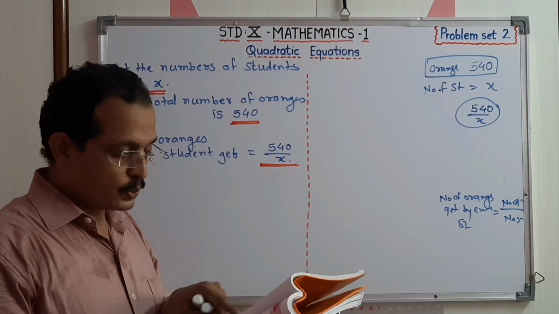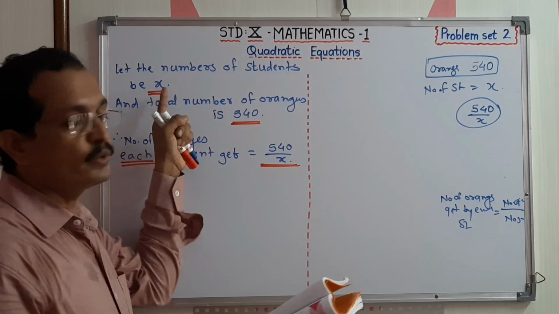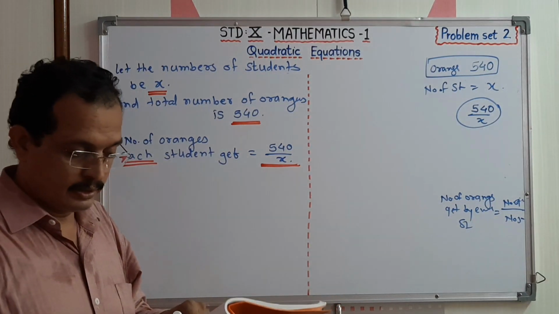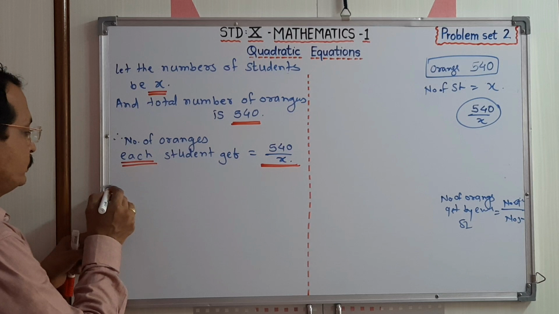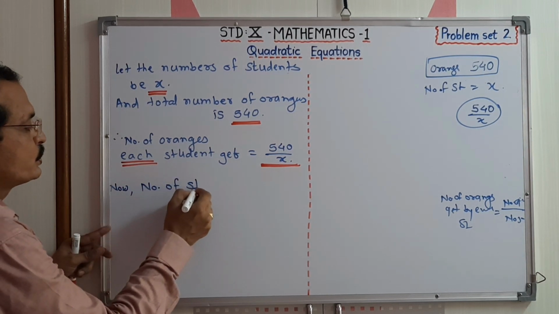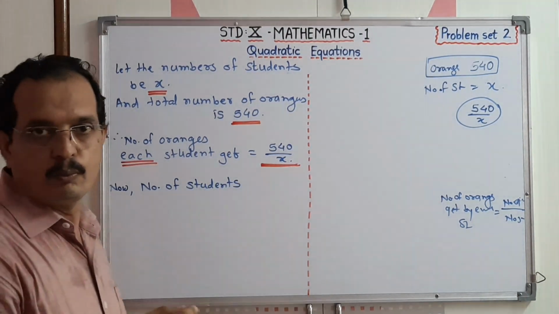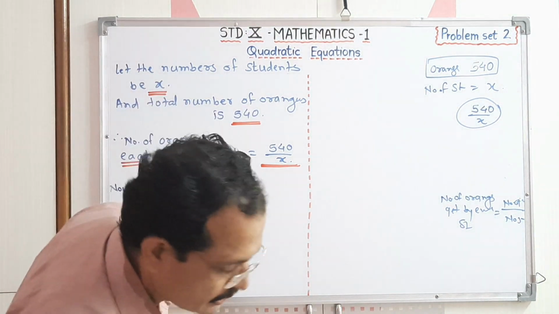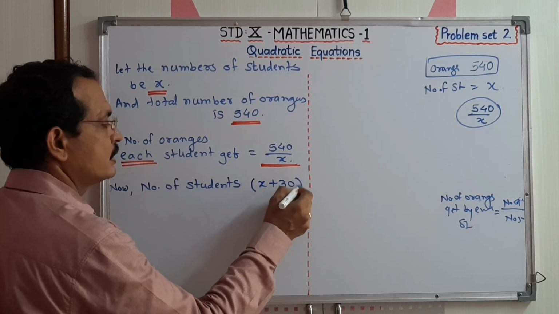If 30 students were more, now the number of students will be more by 30. That means the number of students will be x plus 30.